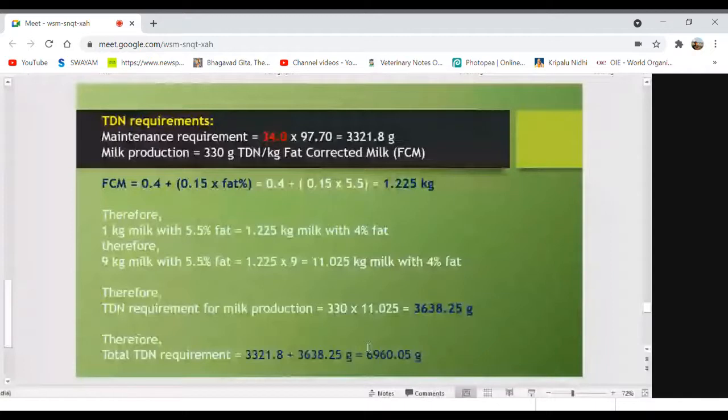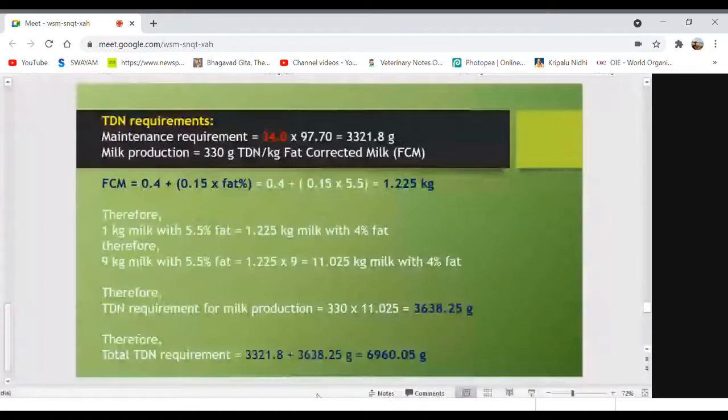Okay, so if it is the total requirement per day, then if we are providing a ration, suppose this much kg of dry matter, that means 13.5 kg dry matter, but with the concentration of TDN 6960.05 gram.